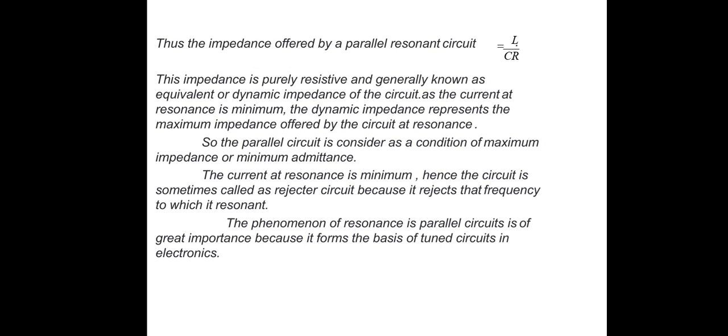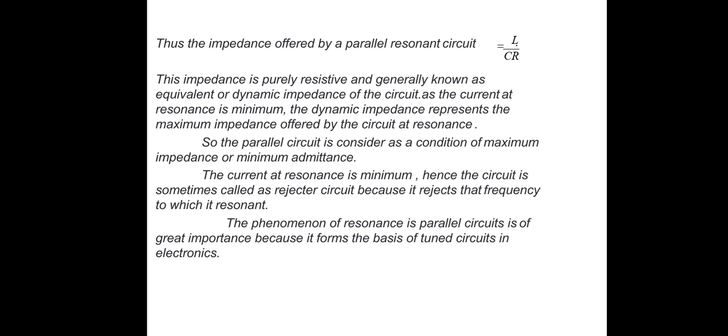It is quite different between the series and parallel resonance circuits. So the parallel circuit is considered a condition of maximum impedance or minimum admittance. What is admittance? Admittance is the reciprocal of the impedance. So when impedance is maximum, admittance is minimum in a parallel resonant circuit.